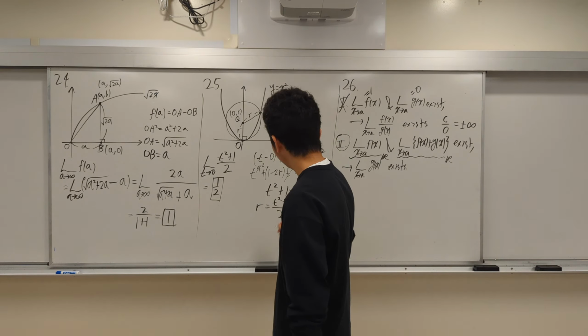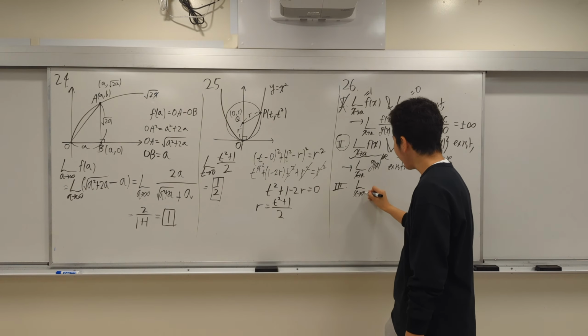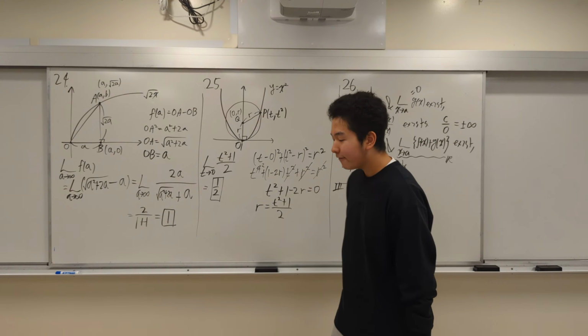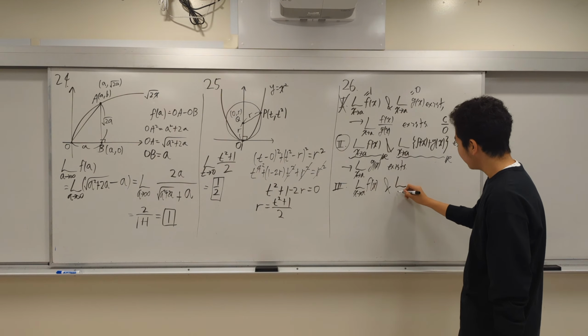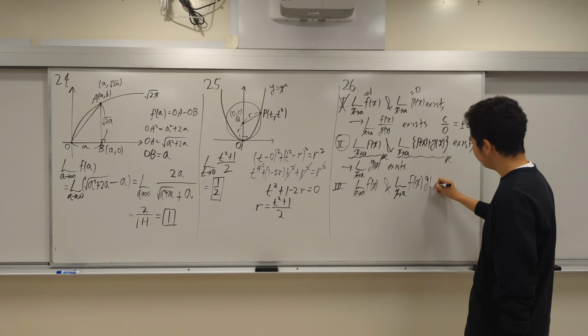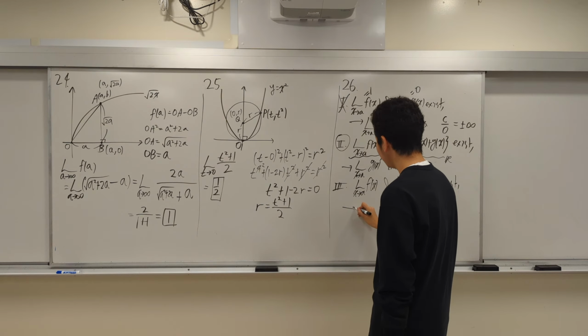Number 3: limit x goes to a of f of x and f of x times g of x exist. Okay. They both exist. Will limit g of x exist?